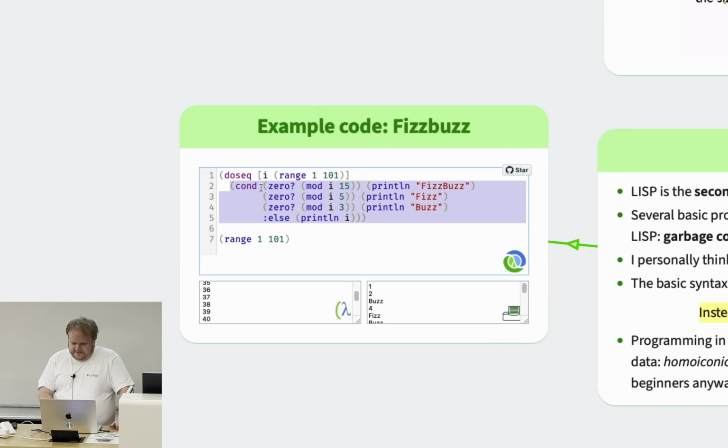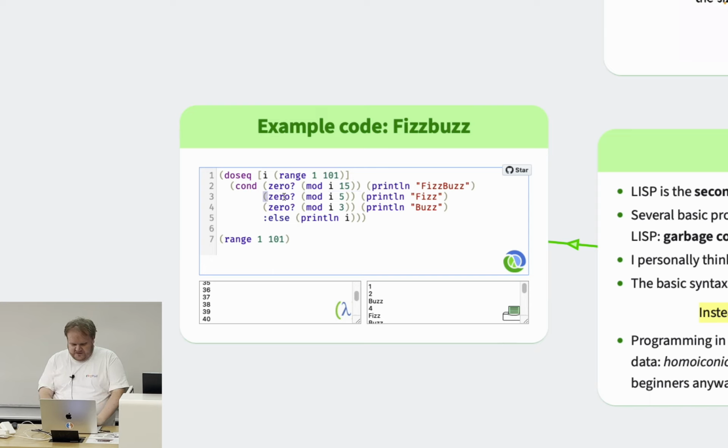And inside there's this cond function, and cond is basically something like if, then, else if, else if. You have a lot of branches, and so it works that okay, it will first check this condition whether the number is divisible by 15. If it's divisible by 15, it will print FizzBuzz, and that's it.